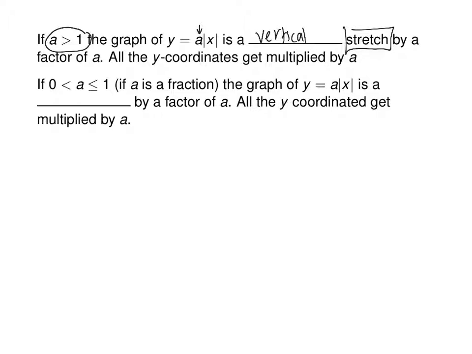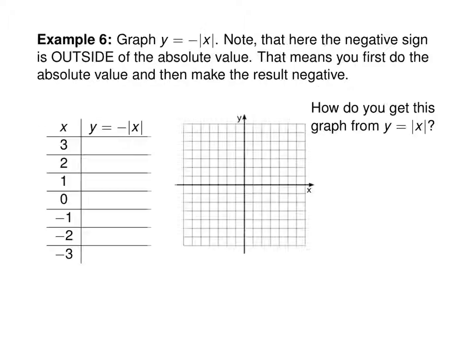And if a is in between 0 and 1, I say if a is a fraction, but fractions can actually be bigger than 1, so maybe that's not the best thing to say, but some number in between 0 and 1, then this graph is a compression, meaning a squish by a factor of a. And all the y coordinates get multiplied by a. That definitely is true.